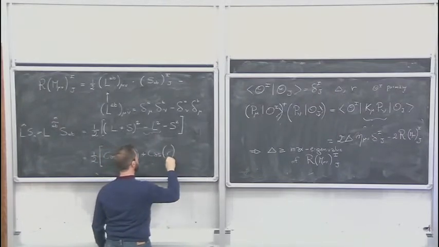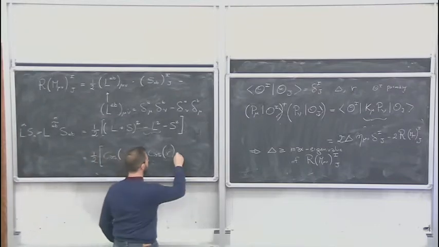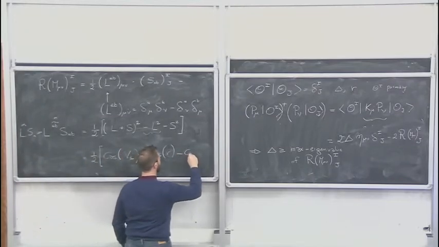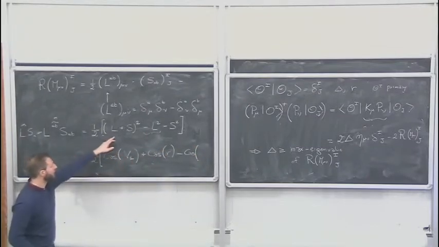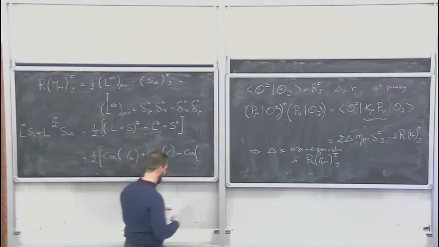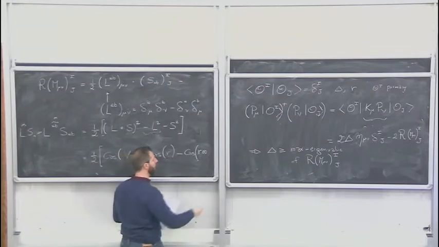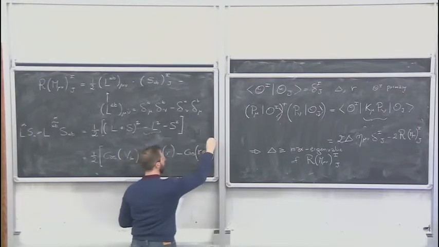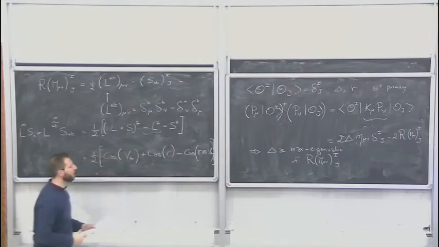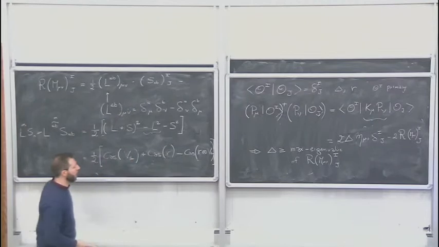And then you should subtract the Casimir of whatever representation you get here, which is basically little r times V1. Okay. This is a product of representations. Generically, this might contain more than one representation.